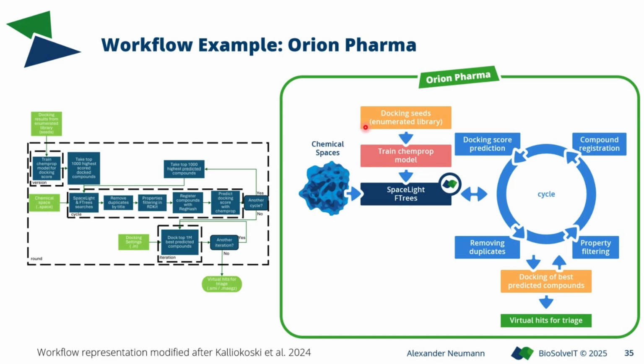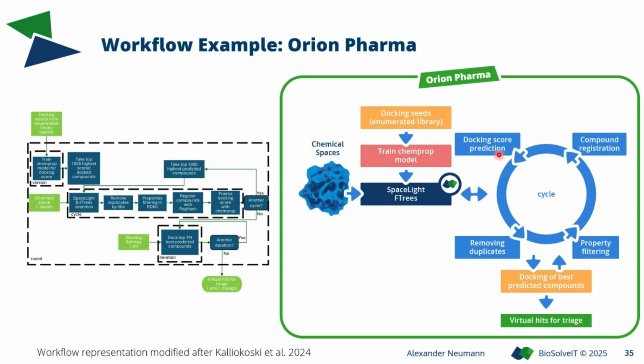So basically what they do, they start by docking seed compounds in an enumerated library, and then apply their docking scoring algorithm here. Once they found good candidates, they again use those seed compounds here, and then search the chemical spaces for close analogs, similar compounds that are again reassessed for their docking score prediction.